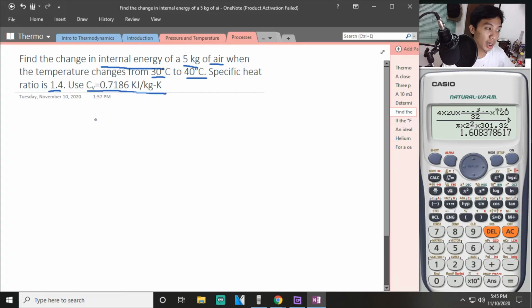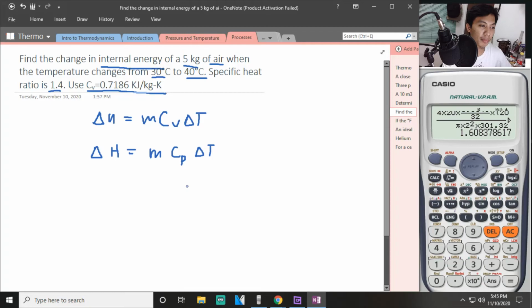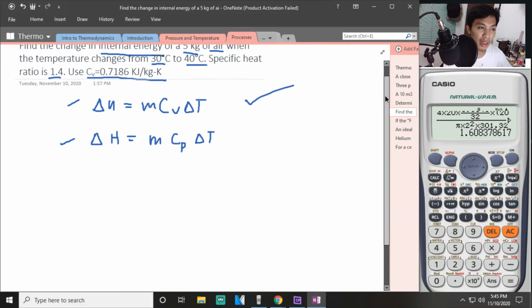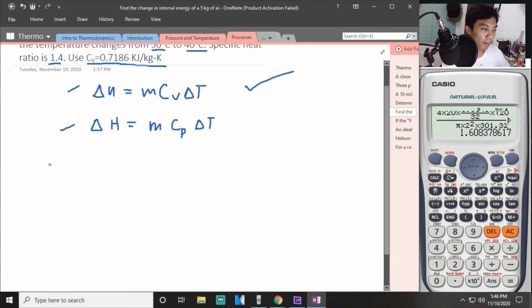Tinuro kanina na change in your delta U is equal to mCV delta T. And the change in enthalpy is mCP delta T. Okay? Ganun yun. Wala naman binanggit dito na process. So, ibig sabihin, ito na yung gagamitin natin. Let us find na lang yung delta U tsaka delta H.